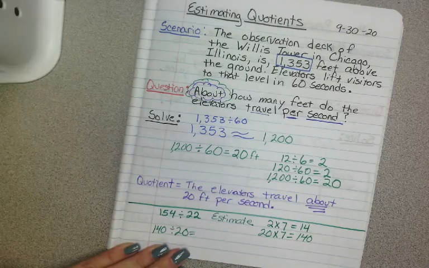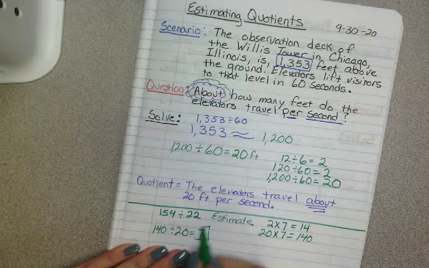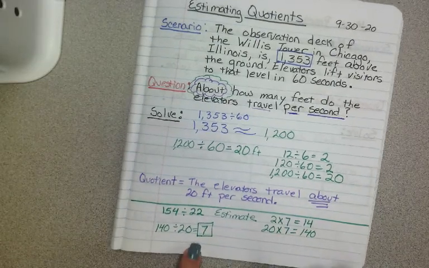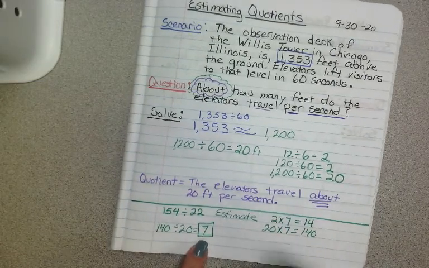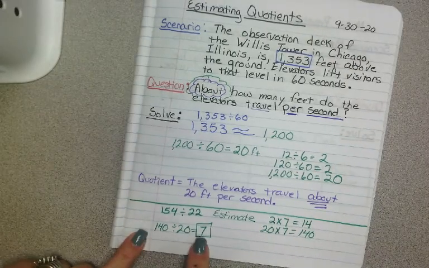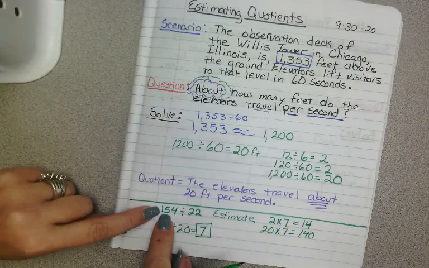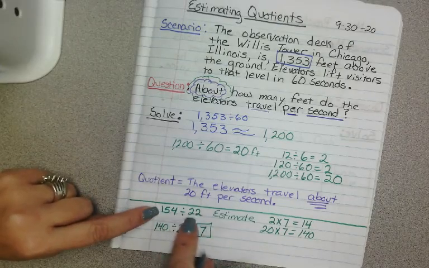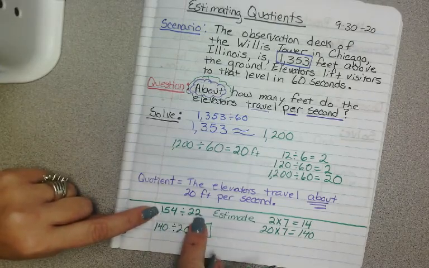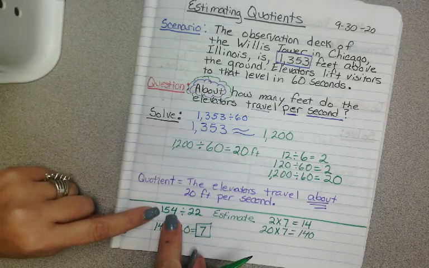Our estimated quotient for this particular problem would be 7. Now, the good thing about this is that if we estimate and get an estimated quotient, that also helps us to know if our real answer is reasonable, okay?